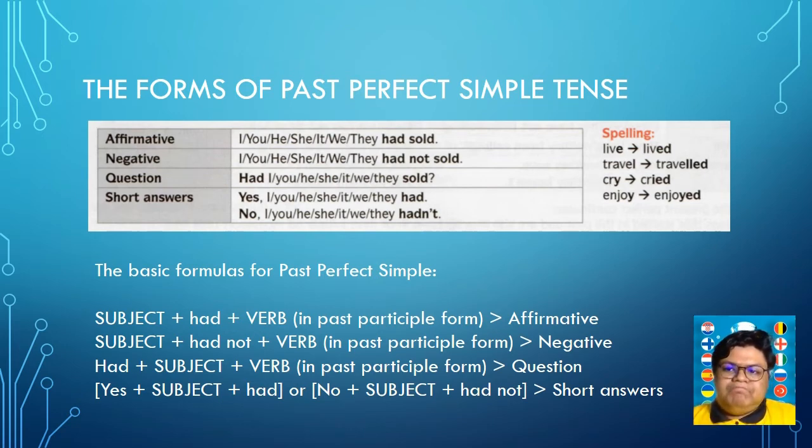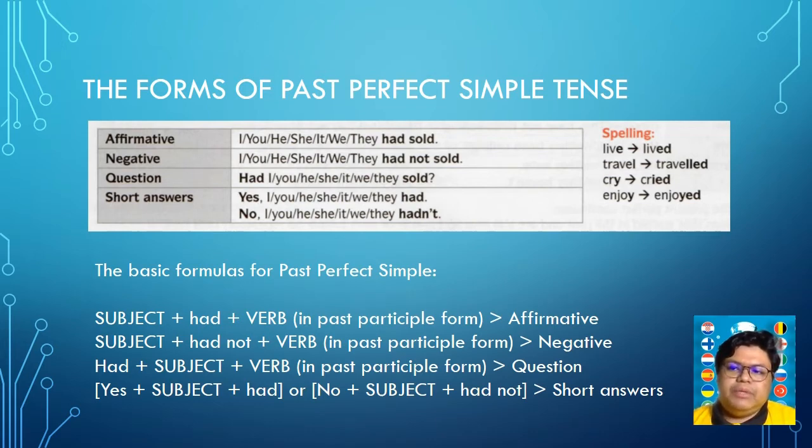Okay, negative. Negative means apa ayat tu opposite of affirmative lah. So the formula is subject plus had not. Kalau tadi had saja, so now it's negative. So had not plus verb in the past participle form. Okay, past participle form. That is for negative.